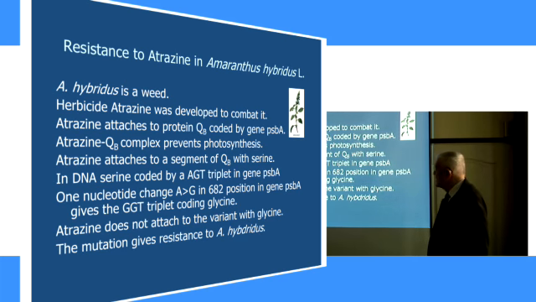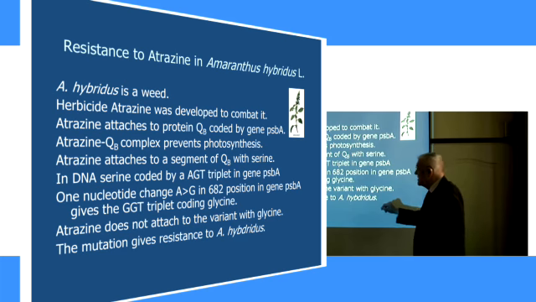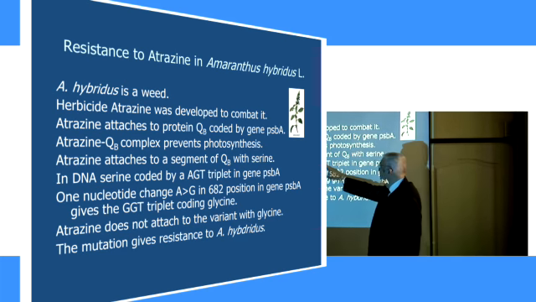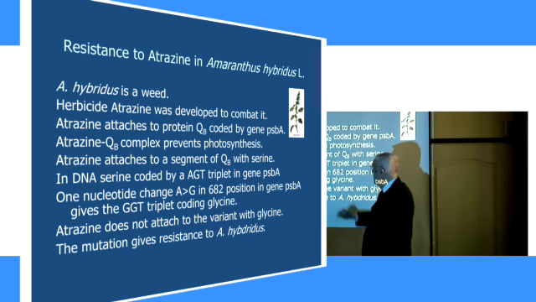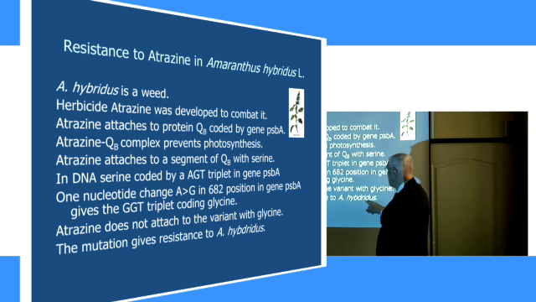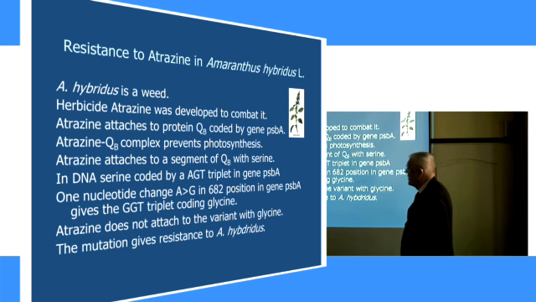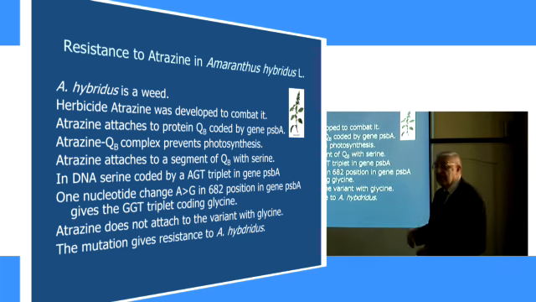And atrazine does not attach to the variant with glycine. Thus, the mutation of one nucleotide from A to G gives resistance to atrazine to this plant, Amaranthus hybridus.